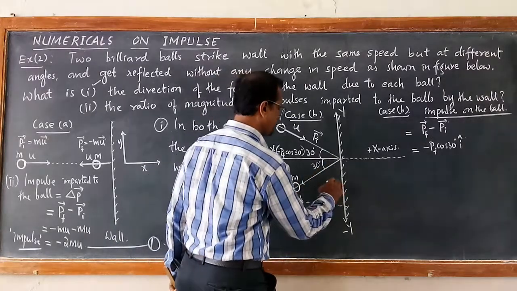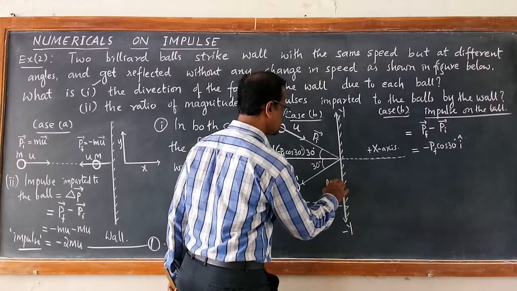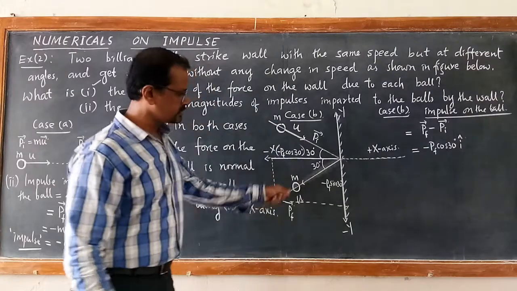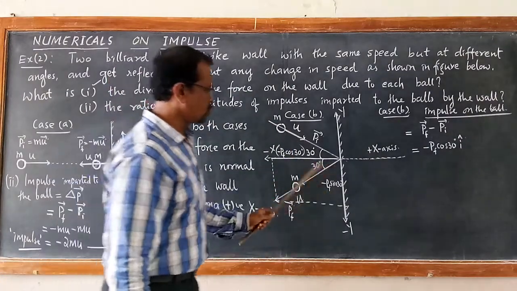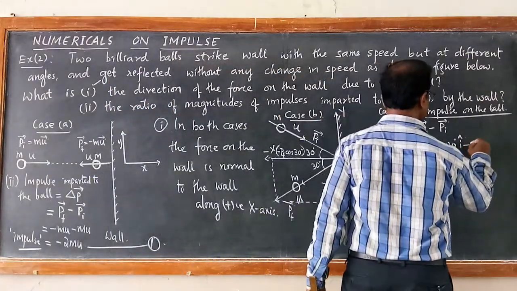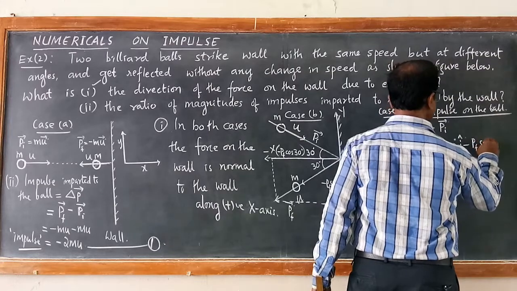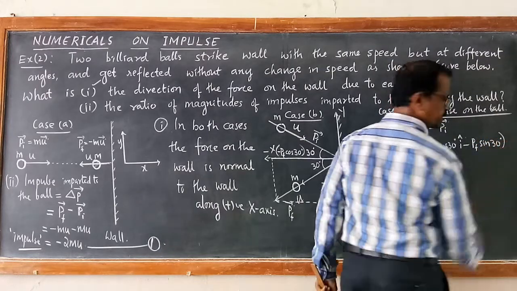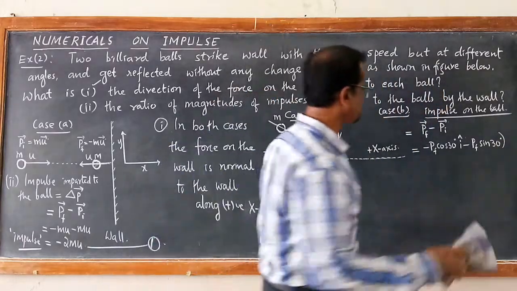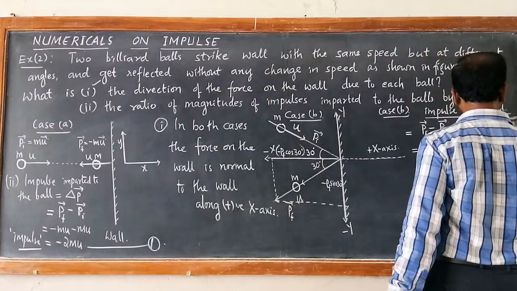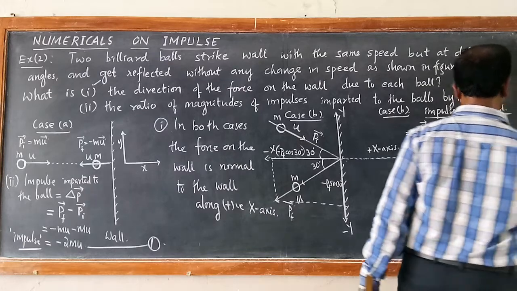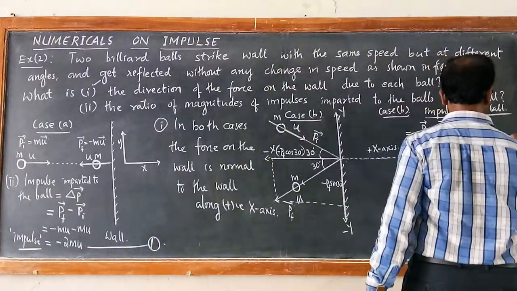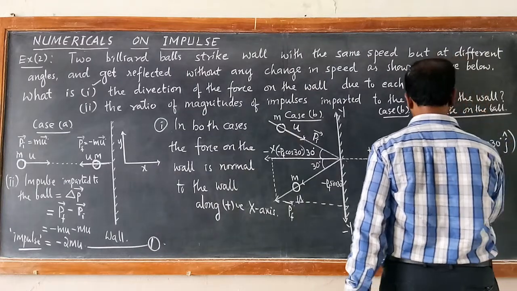It becomes Pf sin 30, with a negative sign because it is along the negative axis. So I write minus Pf sin 30 j cap. So this becomes the Pf vector.